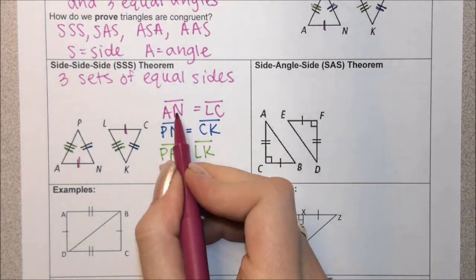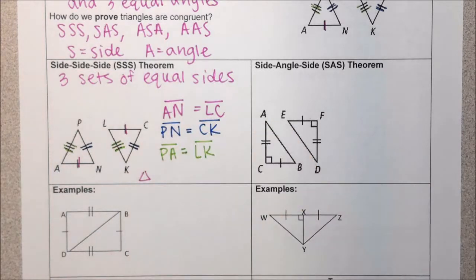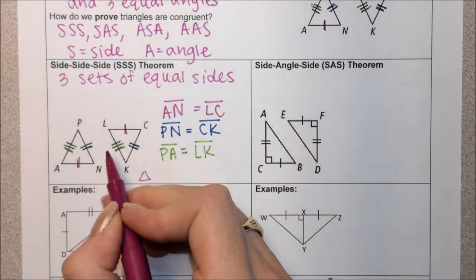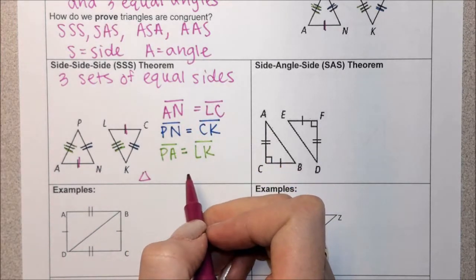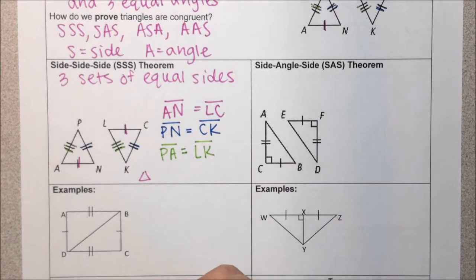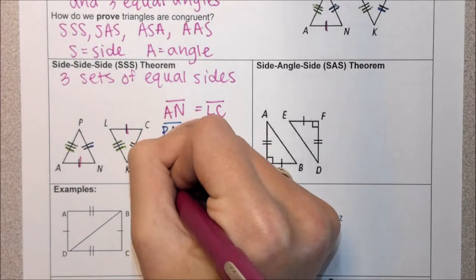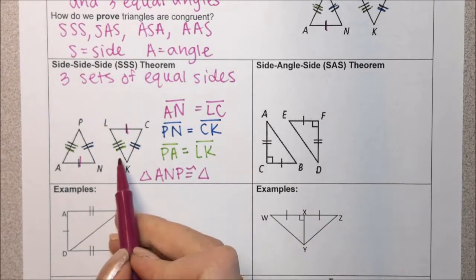And now that we see all these sides, I'm going to write what is called a congruence statement. So I need to name this triangle and say that it's congruent to this triangle. But because of the order of sides, we have to name them in a certain order. So if I name this one ANP, I say that is congruent to this triangle.